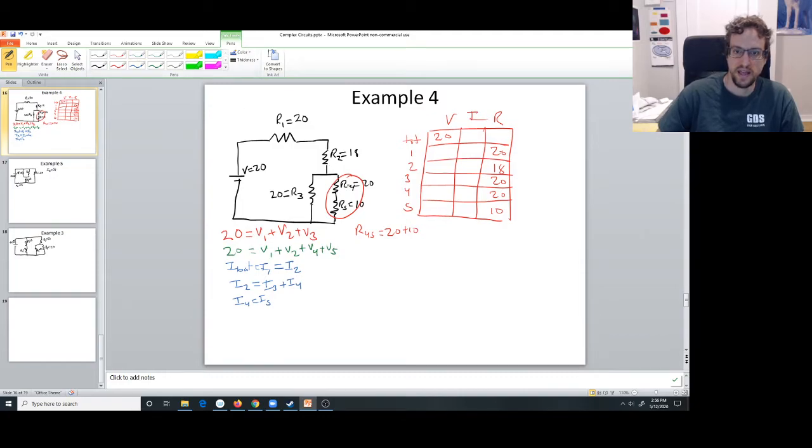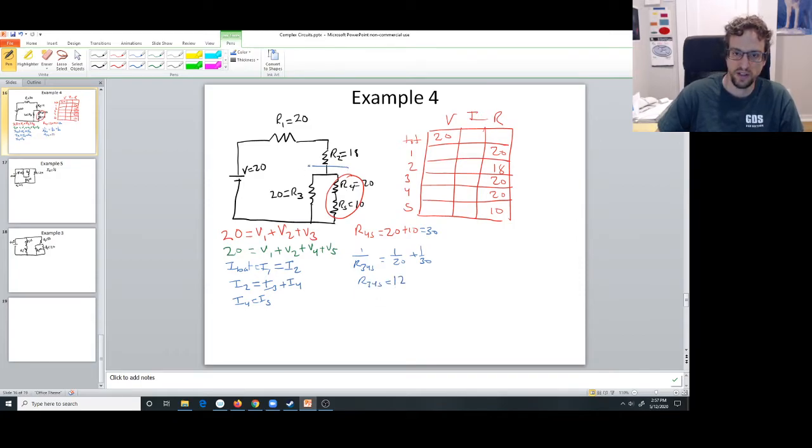And then this combination is in parallel with this, because current comes out here, comes out of R2, splits, and then comes back together here. So 1 over R345 is equal to 1 over 20 plus 1 over 30. And that's going to give us R345 equals 12.